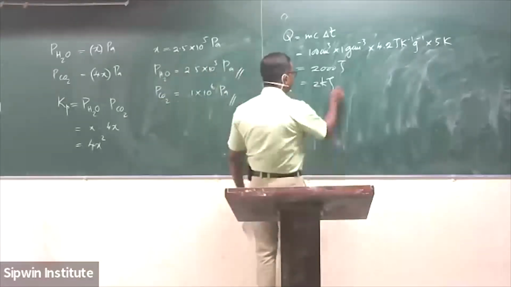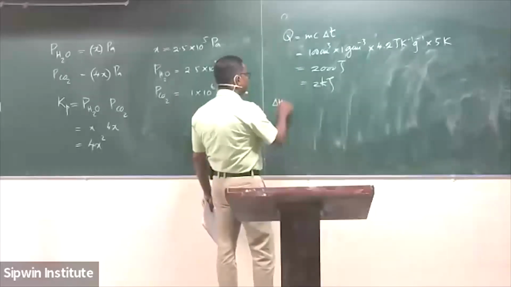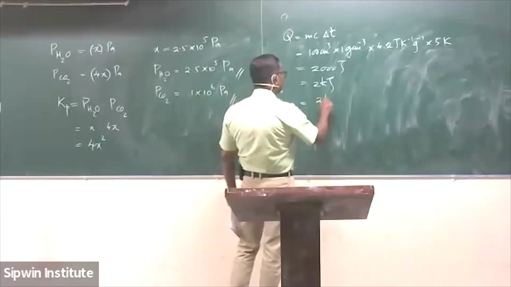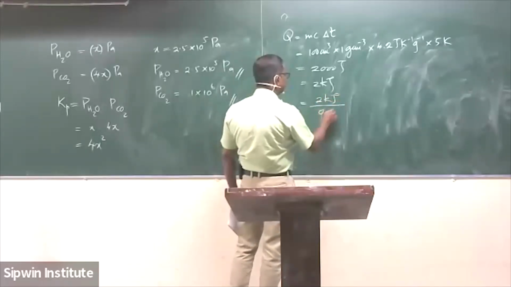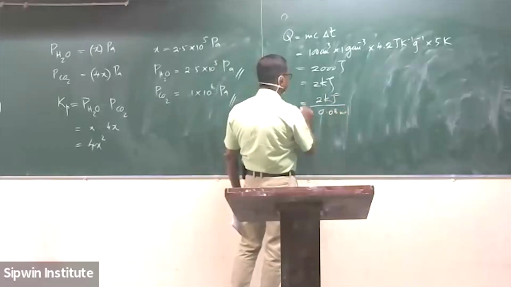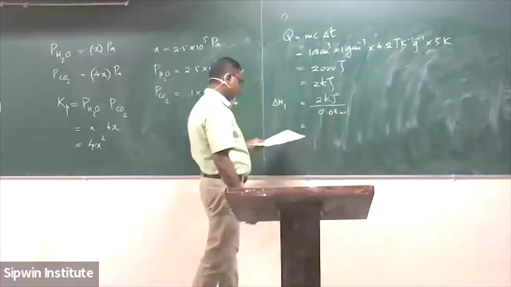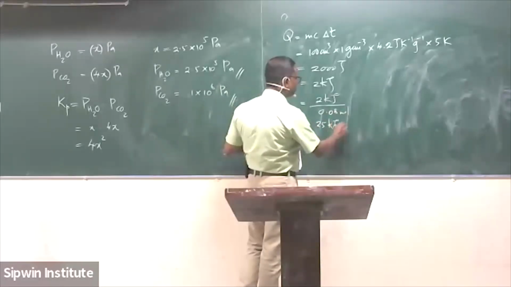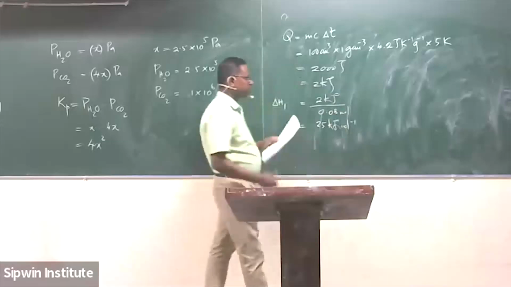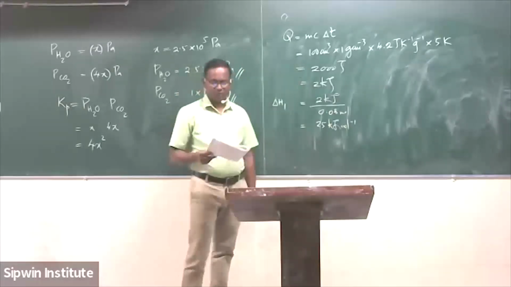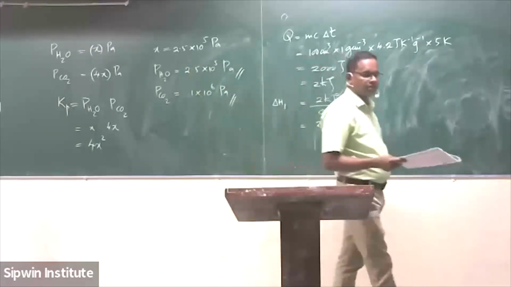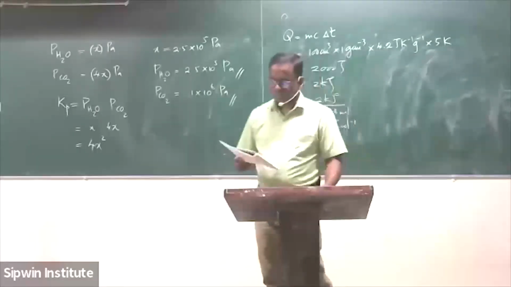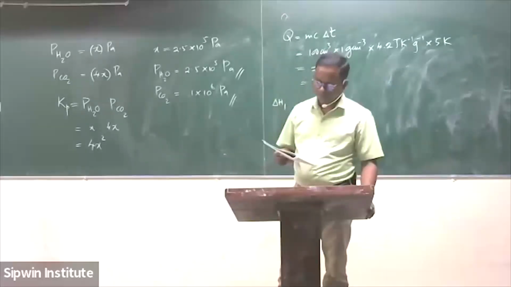I'll take delta H1 as 2 kilojoules divided by 0.08 moles. With that you get the answer 25 kilojoules per mole. Here we get a positive answer, because the temperature decreased, a temperature fall.